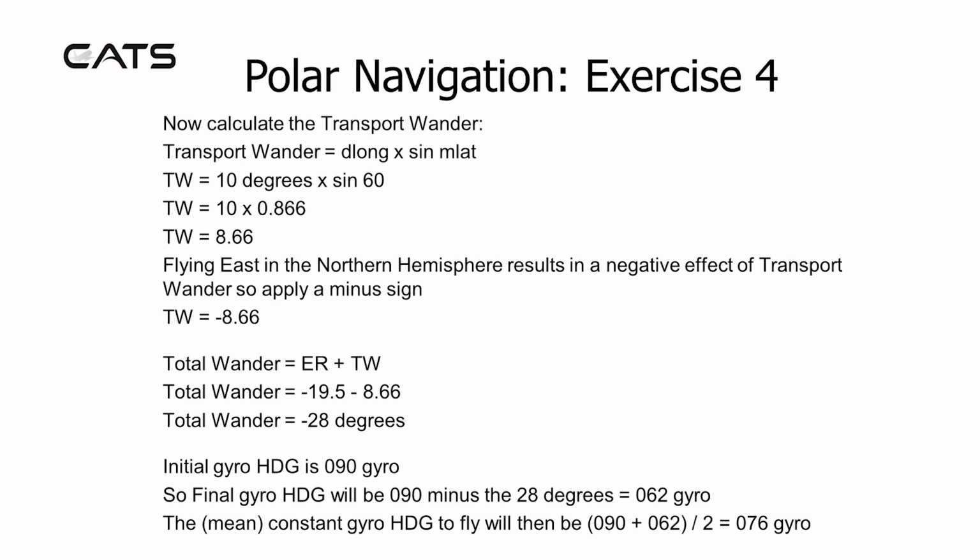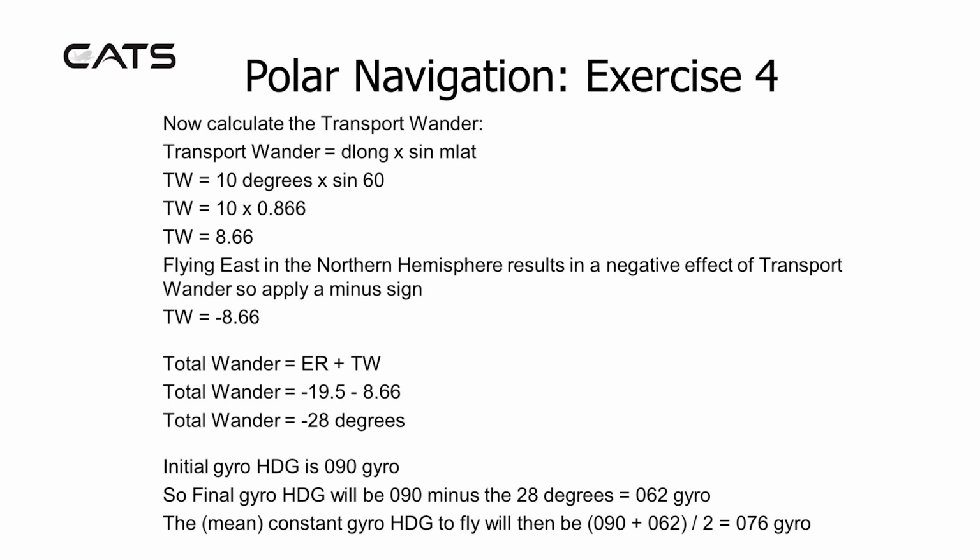The total wander will be Earth rate plus the transport wander, which is minus 19.5 from before, minus 8.66, totaling minus 28 degrees. The initial gyro heading was 090, so the final gyro heading will be 90 minus the 28 degrees, in other words 062 gyro.